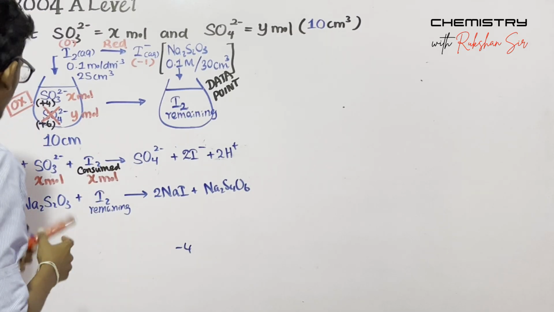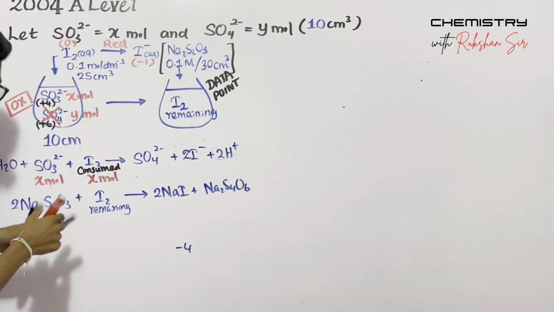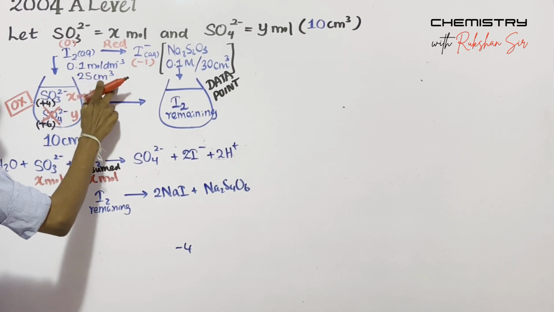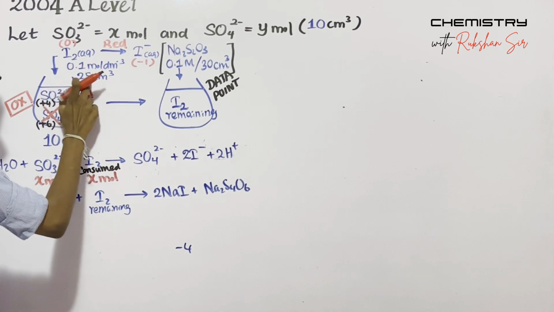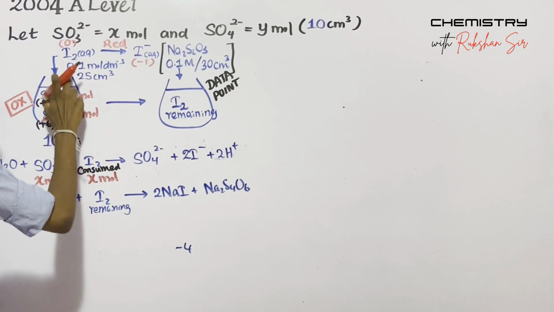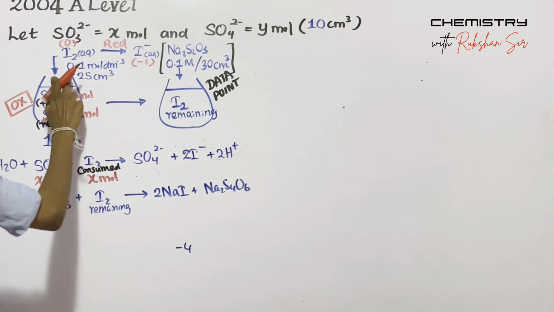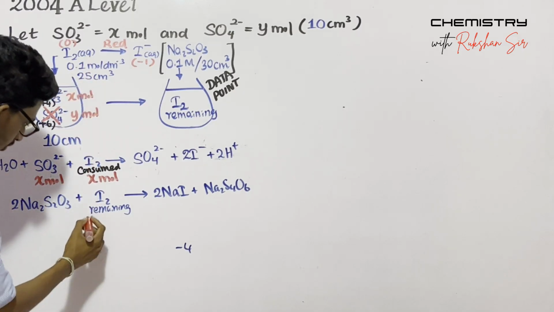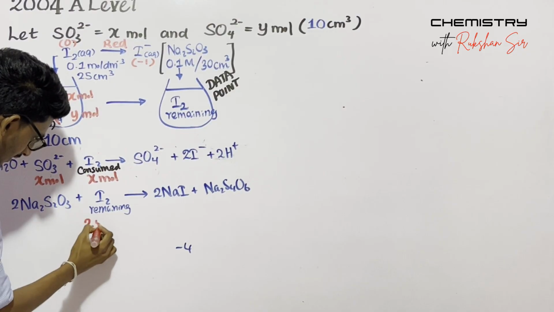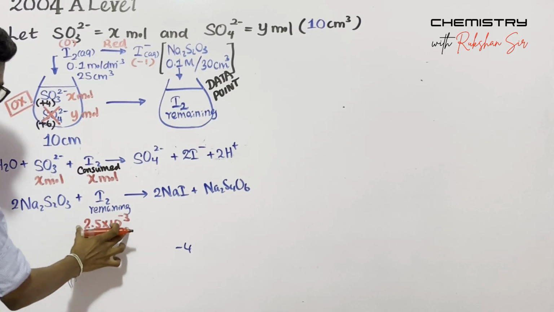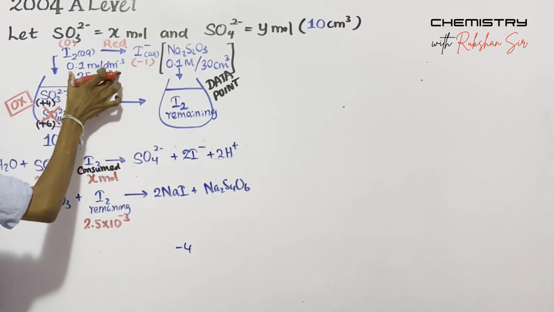Okay. So the amount of I2 added here is actually 0.1 into 25 into 10 to the minus 3. So the total amount of I2 is that amount, the I2 added. That is going to be 2.5 into 10 to the power minus 3, right?